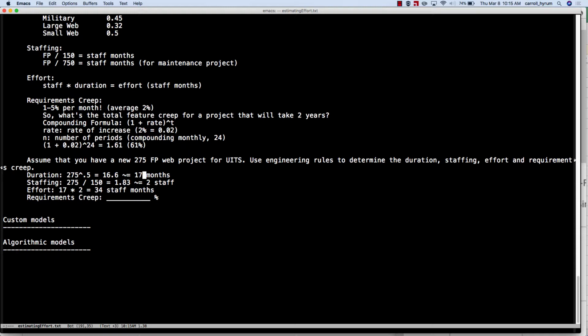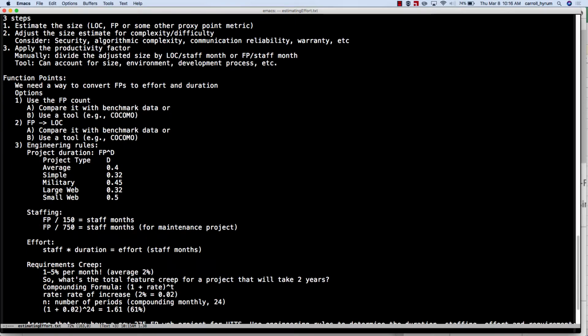This is how long it's going to take your staff to complete that. So if we drop staff, I think that'd be a little cleaner to describe. Because the effort is staff into duration, and if the units of duration is staff months, the units of effort must be staff square months.